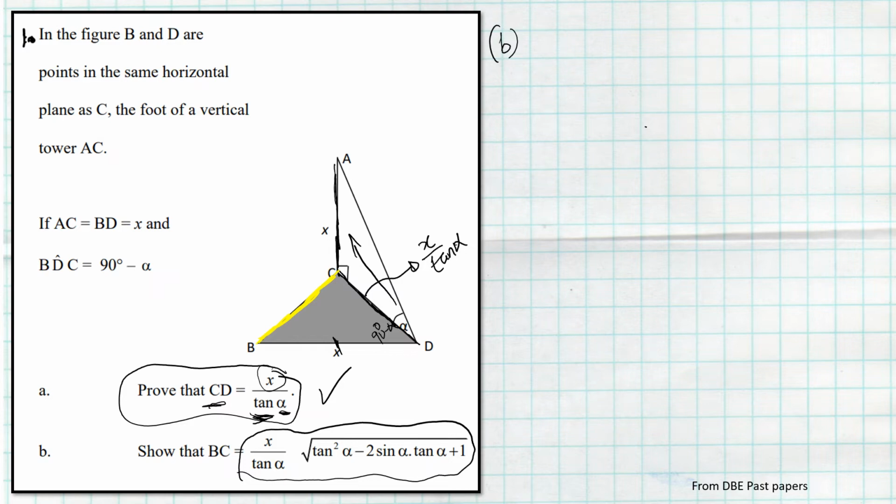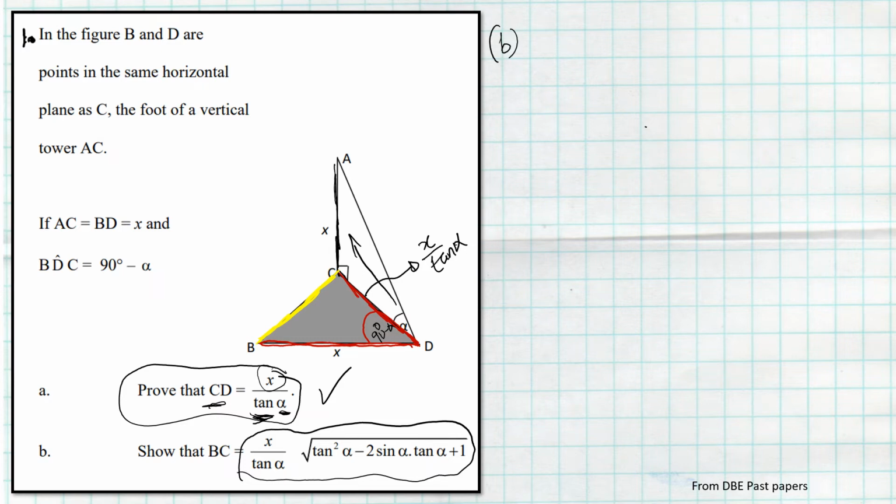Okay, so you can see that from a triangle here, a non-right angle triangle, you already calculated CD, and it's X over tan alpha. You are given the angle there is 90 degrees minus alpha, and you're also given this side is X. Can you see? So you have at least two sides and an included angle.